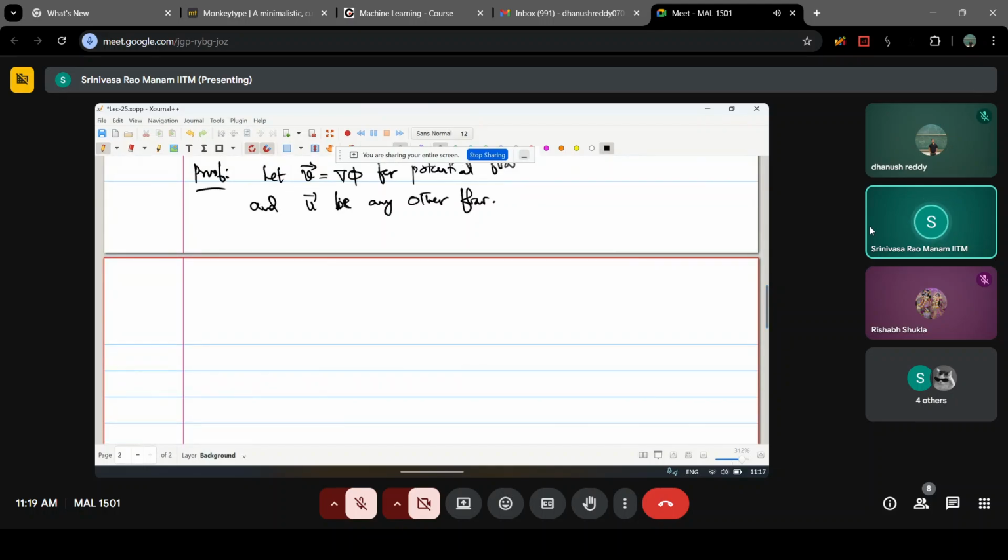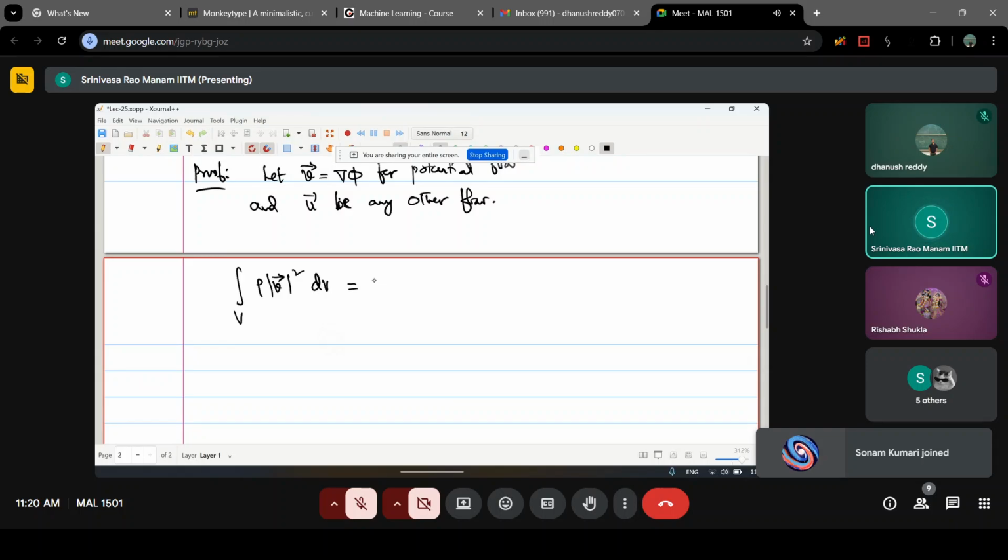Once you do that, you consider this over V. So over V, rho into v bar, where v bar is the potential flow, this square dV. We start here.